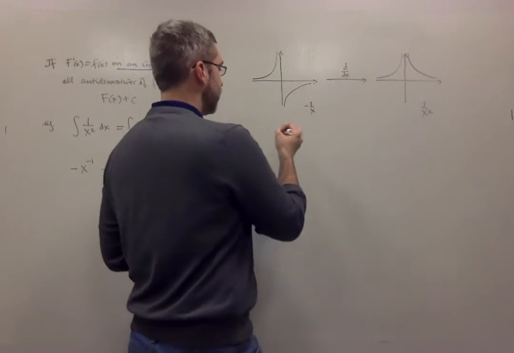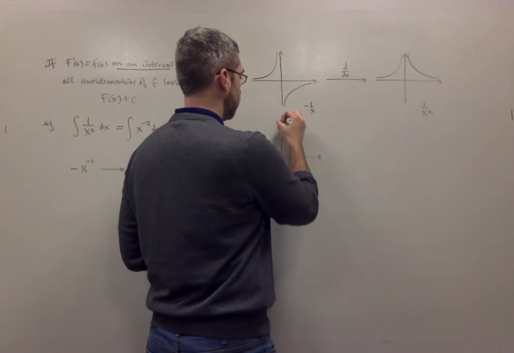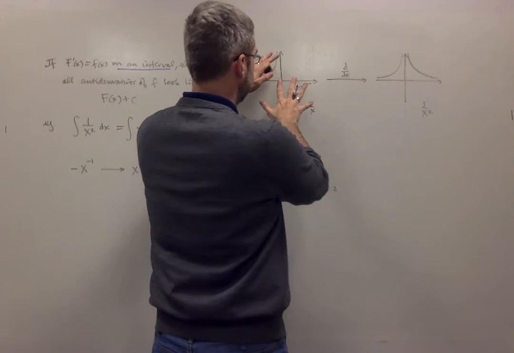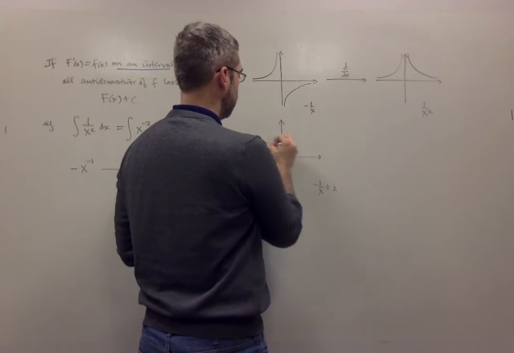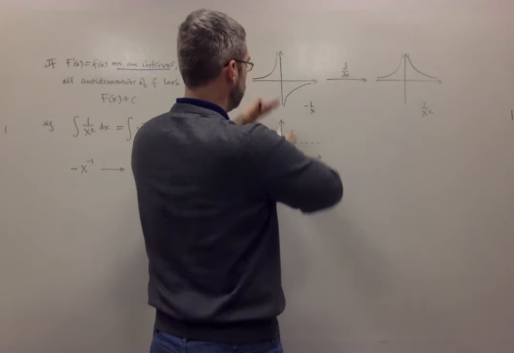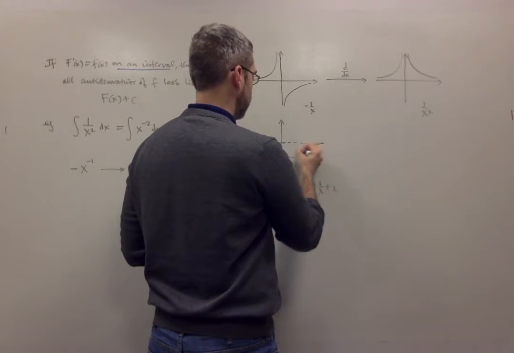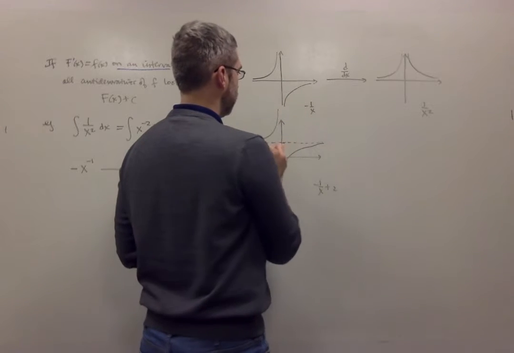Then if I were to shift everything up by 2, in other words, if I were to look at negative 1 over x plus 2, if I were to take this entire thing and shift it up by 2, so now I have a horizontal asymptote of 2 instead of 0. Okay.